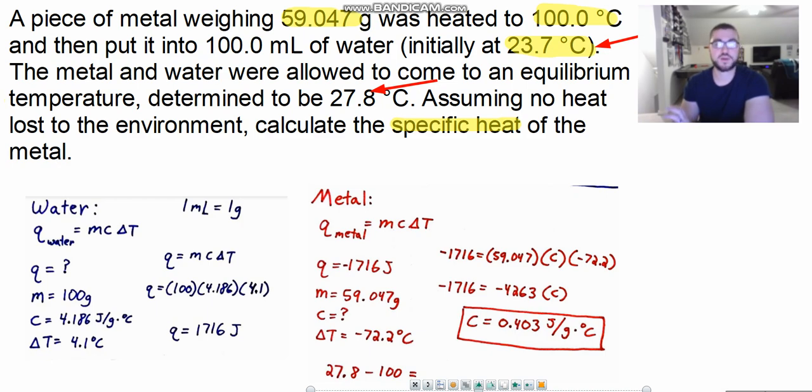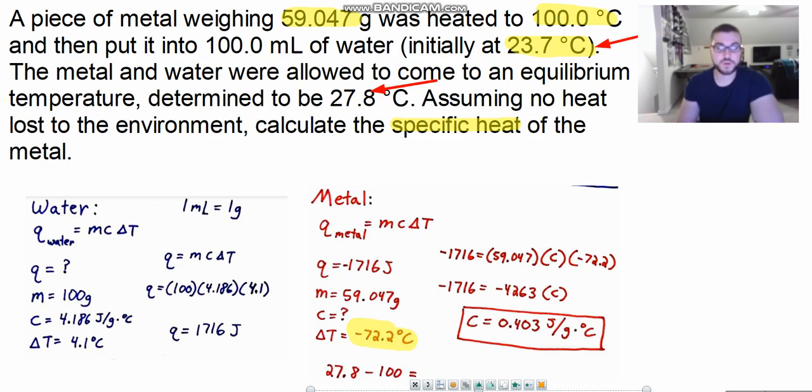Whenever you have to find the change in temperature, you take the final temperature minus the initial temperature. So the final temp of the metal was 27.8, the initial temperature of the metal was 100. So 27.8 minus 100 gives us this negative 72.2 degrees Celsius. So it's a negative temperature change.